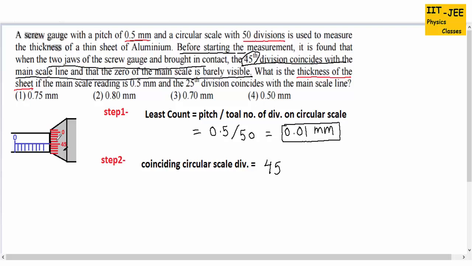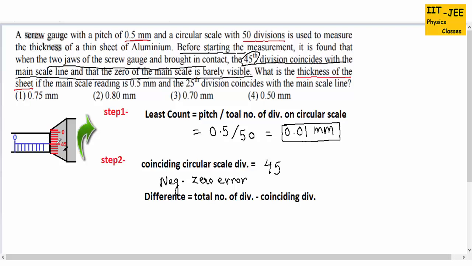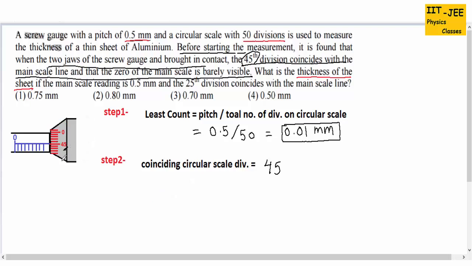So 46, 47, 48, 49, 50 would go like this. You know, numbers on the circular scale are always in the clockwise direction, this way. And you know, if 0 is above the main scale line, then the zero error would be negative zero error. So this error is actually a negative zero error.